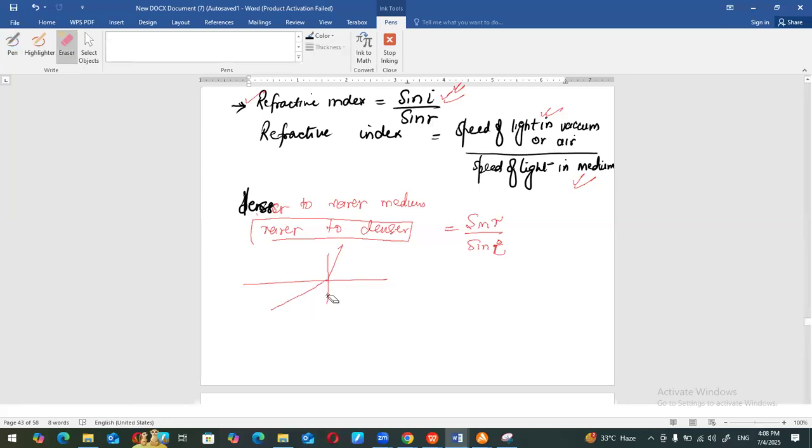Now, let's see the numerical based on that. For example, they say that light goes from air at an angle of 40 degrees, and the angle of refraction is 20 degrees. What is the refractive index?